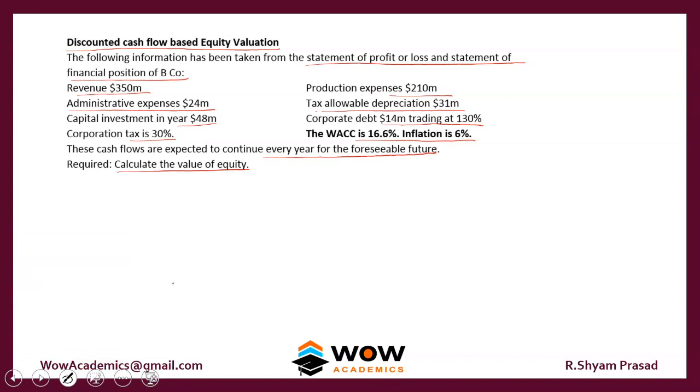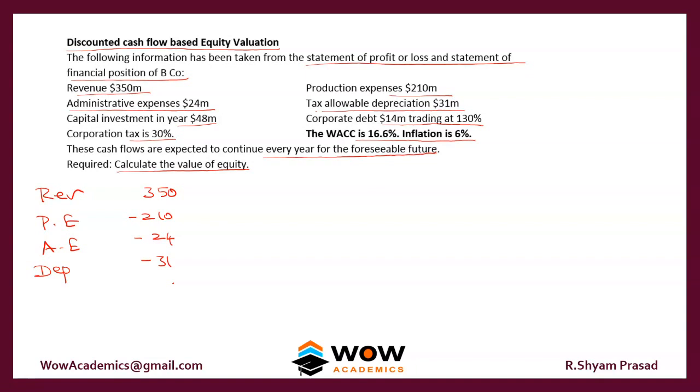So we'll go as per the format which we saw earlier. We'll start from the revenue. So the revenue is 350. Production expense is 210. Administration expense is 24. We have depreciation of 31.